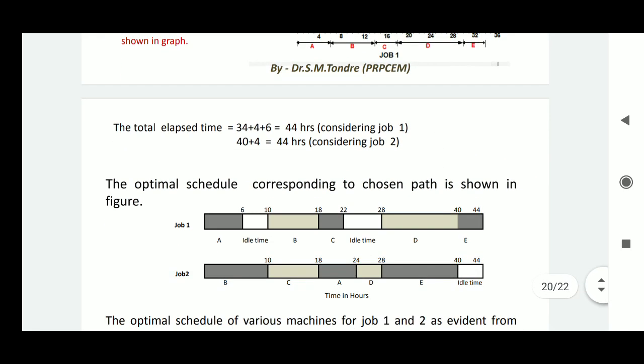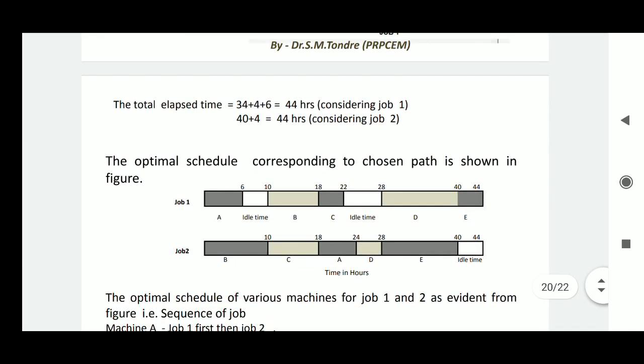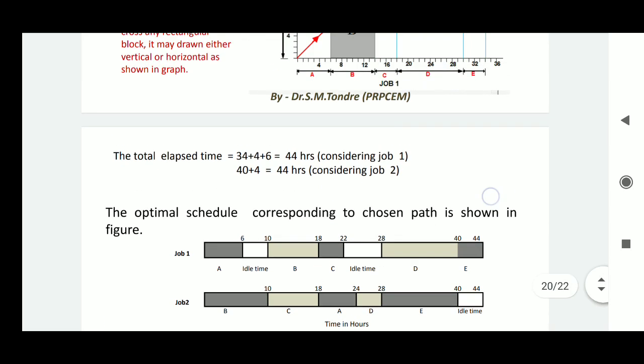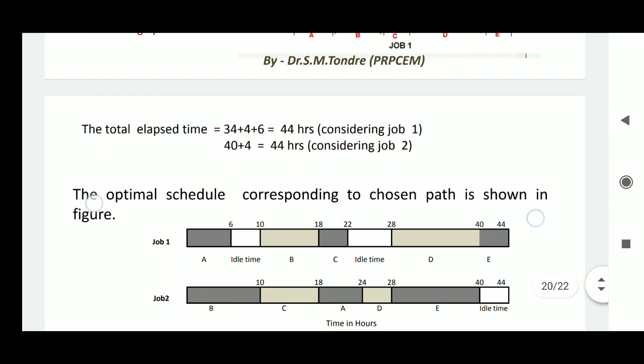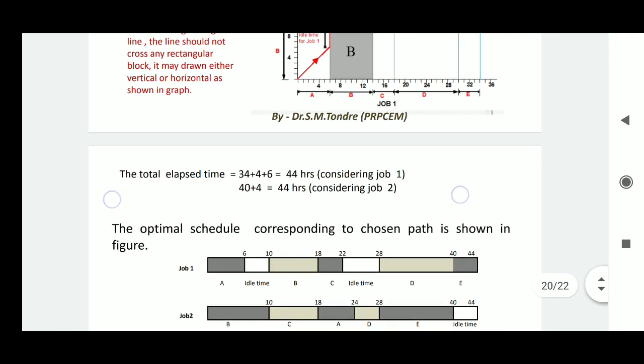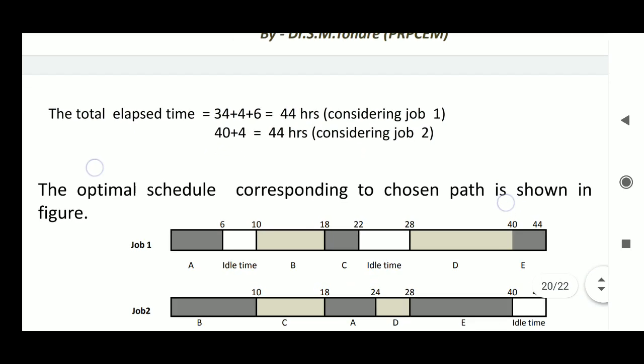Now we have plotted this optimal schedule corresponding to the path we have chosen, using this total elapsed time of 44 hours for job 1 and job 2.